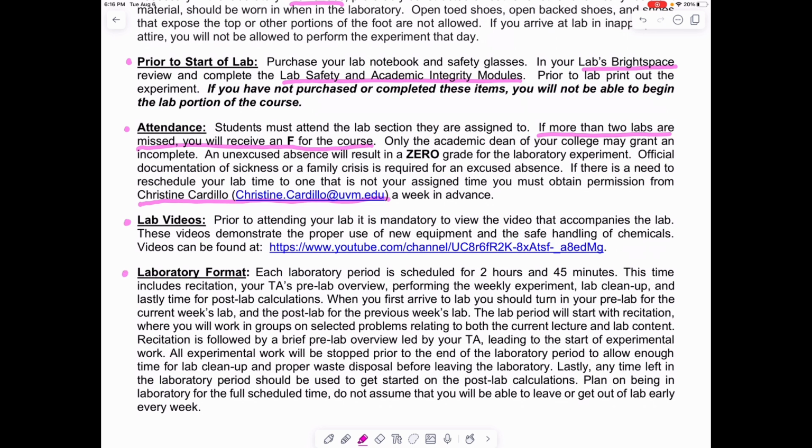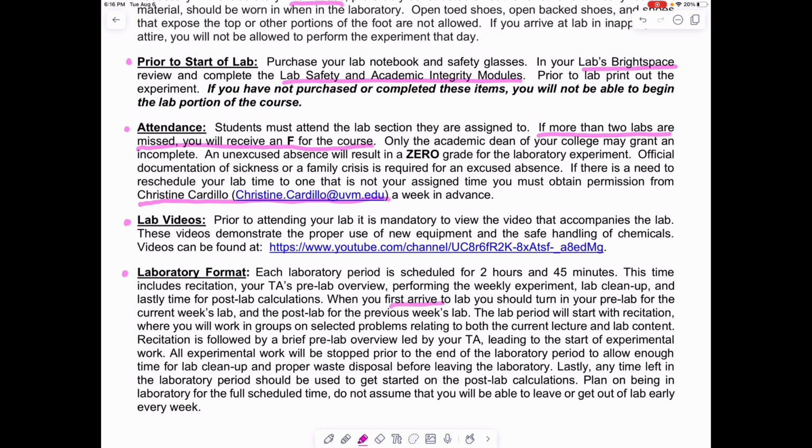As far as the format goes, labs are roughly 2 hours and 45 minutes. Some are shorter, but most tend to take that long. You usually have a small recitation, a pre-lab overview, the actual experiment, and then lab cleanup and post-lab calculations. So you have a protocol.